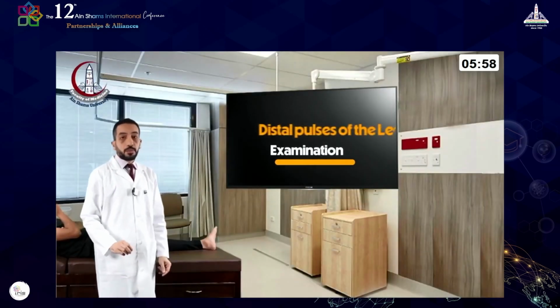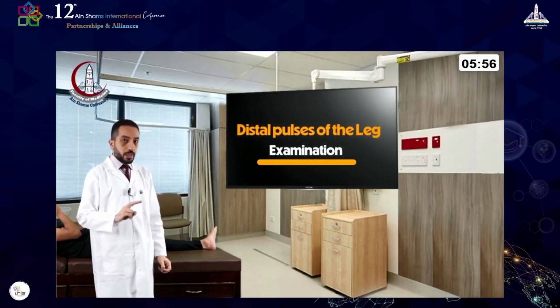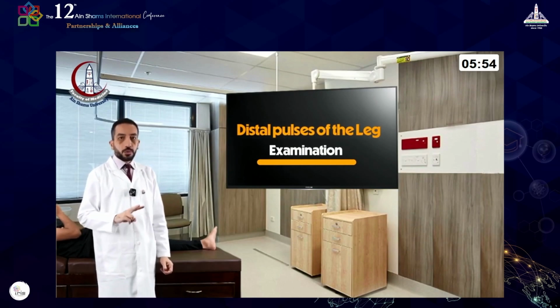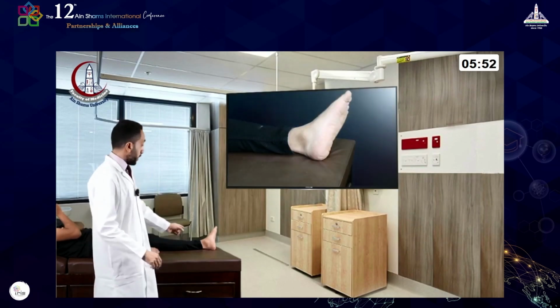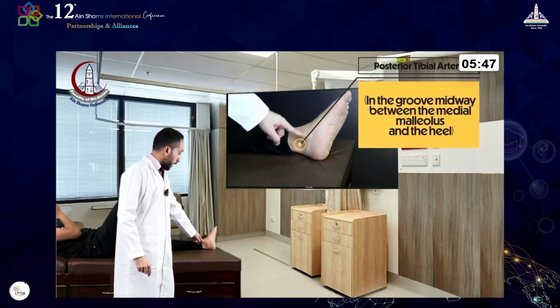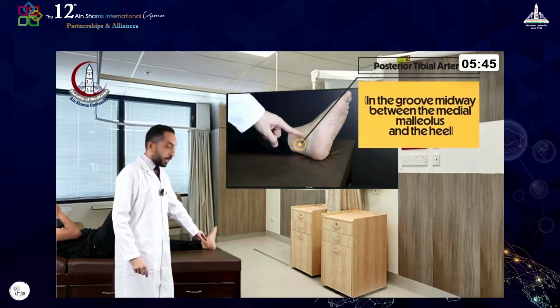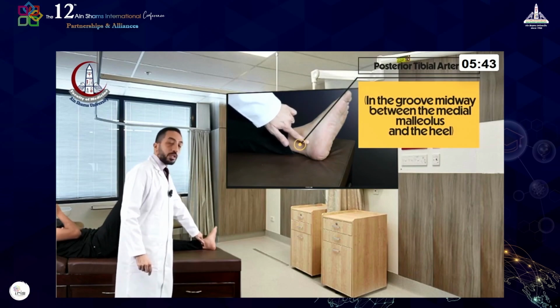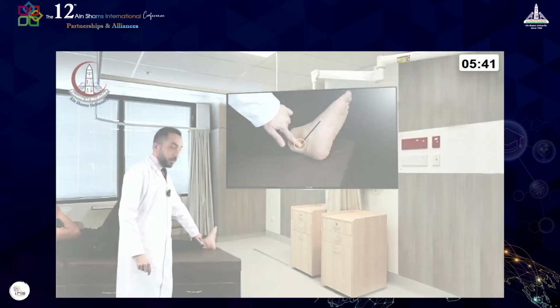So examining the distal pulses of the leg consists of mainly two pulses or two arteries that we're going to feel. First is the posterior tibial artery, and it lies between the medial malleolus of the leg and the heel. As we see here, this is the groove where the posterior tibial artery runs.